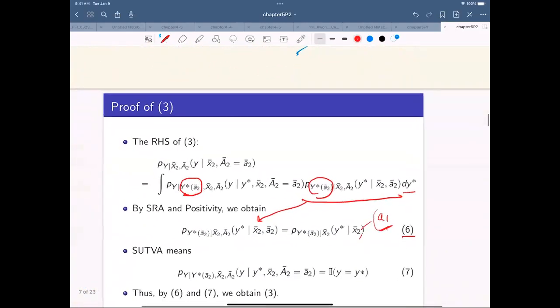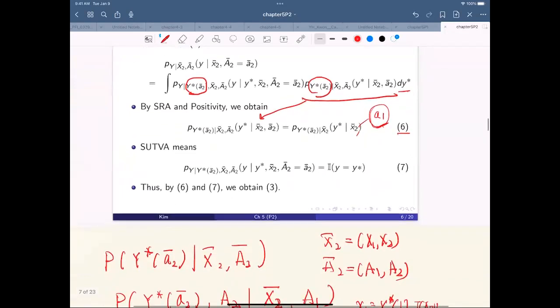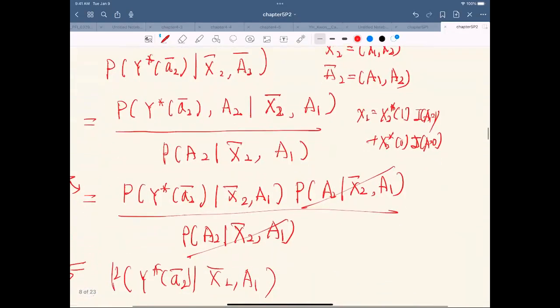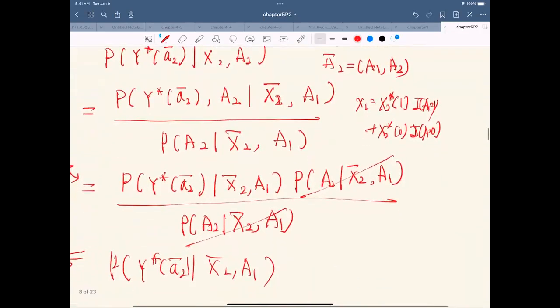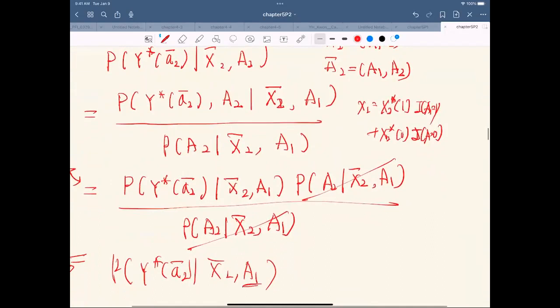So proof of 3, there should be A1. But where? Actually, I'm a little bit confused myself. So why don't we have A2 then?